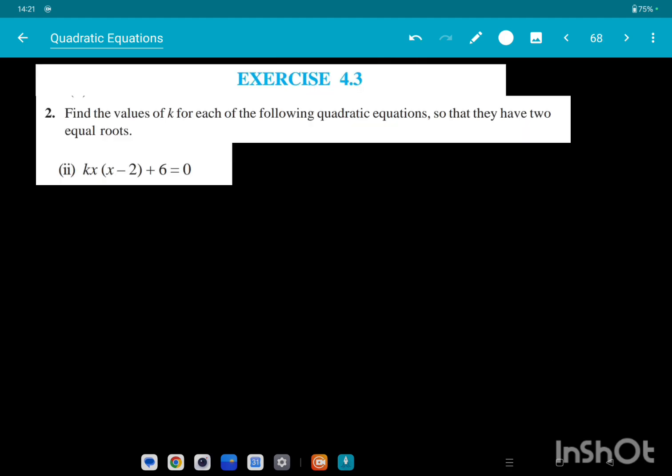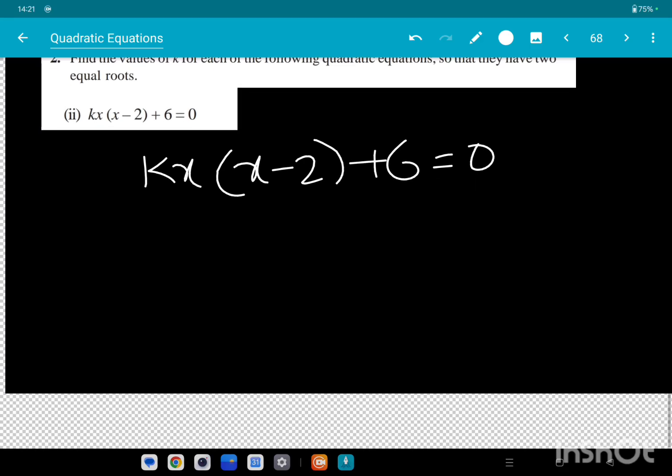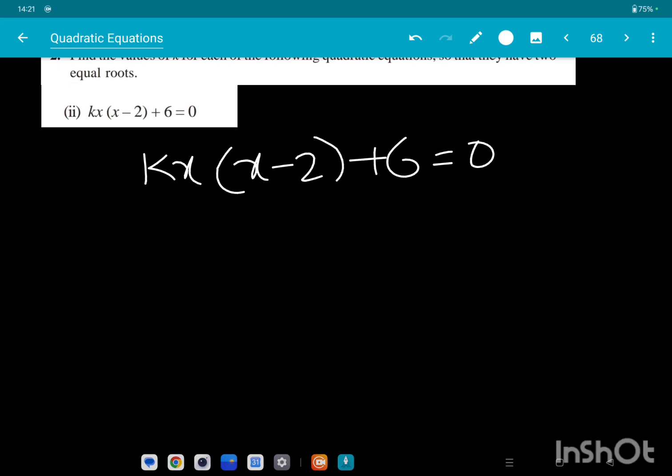Now move on to the next question. Here same, we need to find the k value, and the same question is there. So here we need to find the k value so that they have two equal roots. Same, the discriminant is 0. Now I'll write the question here. kx into x minus 2 plus 6 is equals to 0. If I simplify this, kx into x, kx square minus 2kx plus 6 is equals to 0.